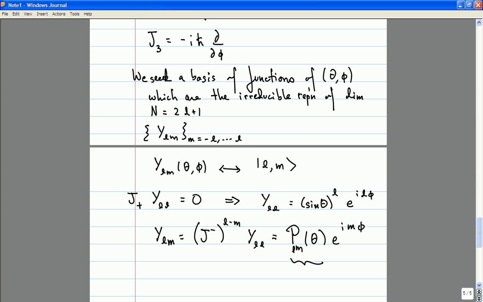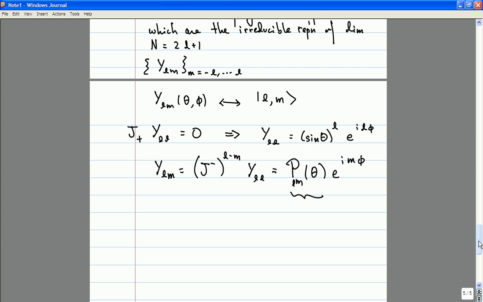And then the full wave function psi of x is expanded in a sum over all of these Y_LMs of some function of radius times Y_LM of theta and phi. So this is the statement that the Y_LMs form a complete basis for functions in three-dimensional space.